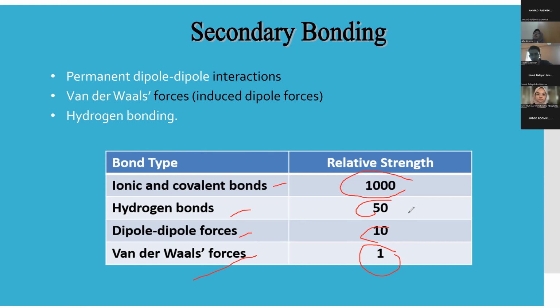Hydrogen bonding is the strongest in secondary bonding. But compared with primary bonds, it is so weak, because ionic and covalent have relative strength 1,000, while hydrogen bonds are only 50. This is the comparison between primary and secondary bonding.